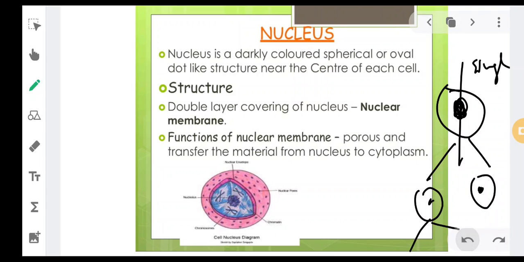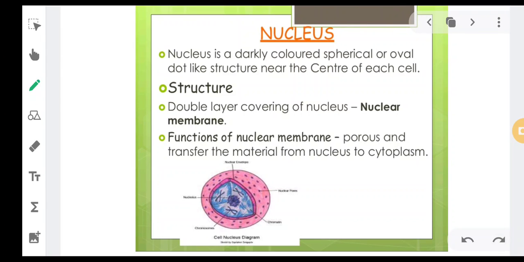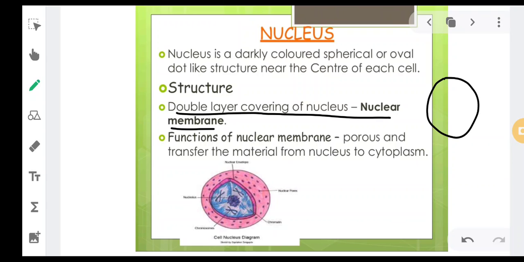That is very important. The nucleus is mainly involved in the process of cell division. So what happens in this nucleus? The double layer covering the cell nucleus is called the nuclear membrane. In the last class we had seen what the nuclear membrane is. Say suppose this is the cell, and this is the nucleus inside the cell.